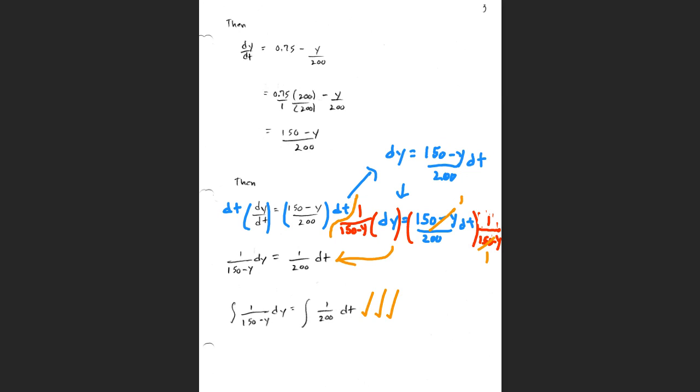Victoria says, why didn't you just multiply the 200 first? I could have done that. For instance, I could have had 200 over 150 minus y dy equals the integral of 1 dt.